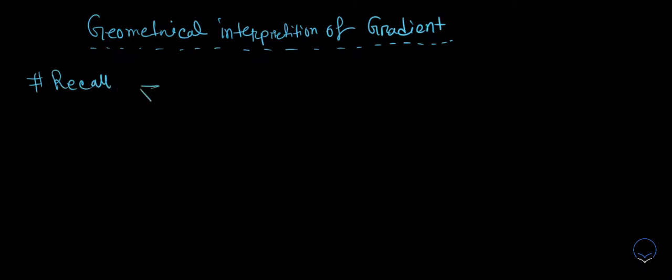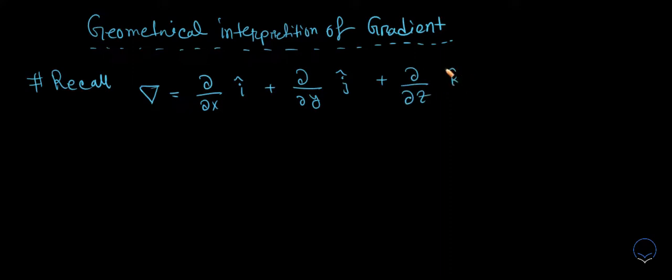If you recall, the gradient operator was denoted with this nabla symbol, and it was expressed as the partial derivatives and the unit vectors of the coordinates. That is, it was expressed as this. Right?